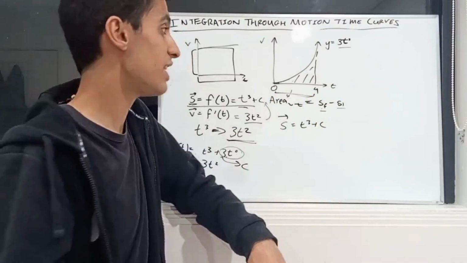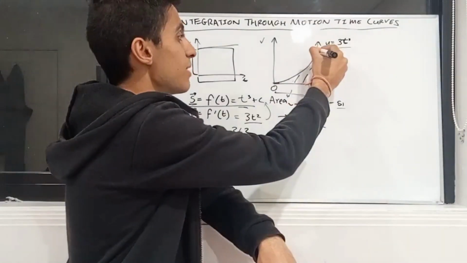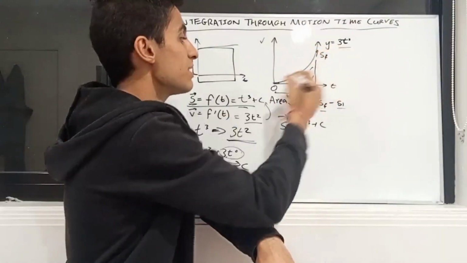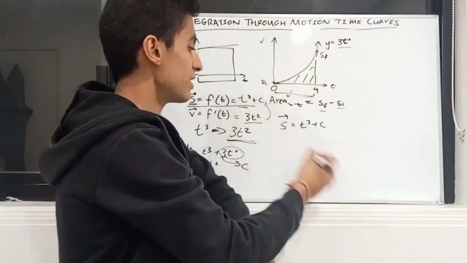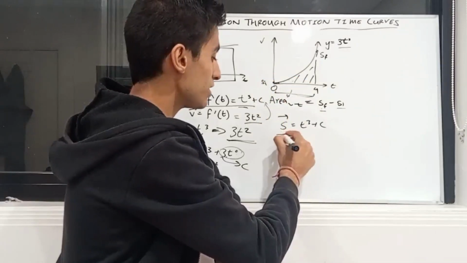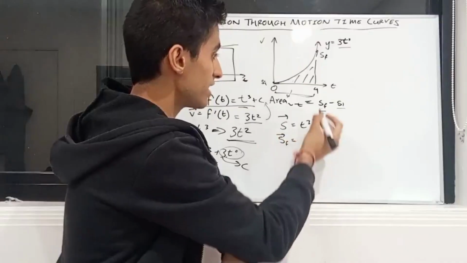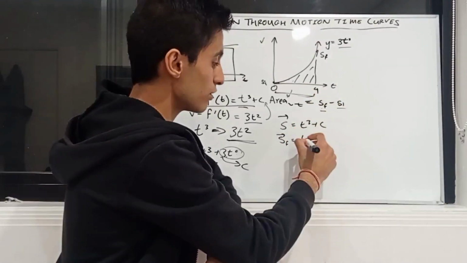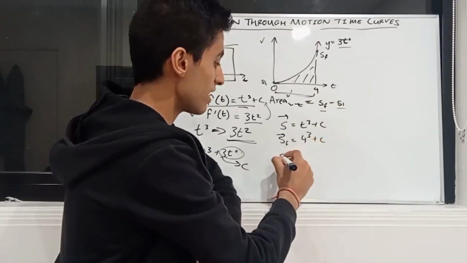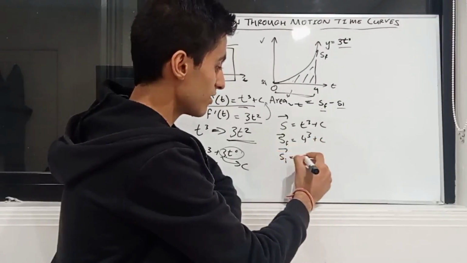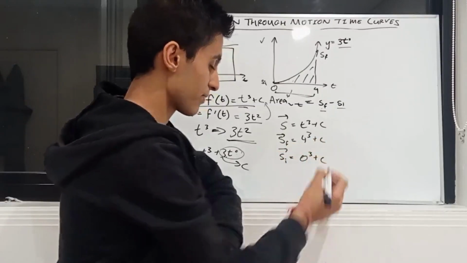And if you remember, change in displacement is given by final displacement minus initial displacement. So our final displacement is given by subbing in 4 for t, so 4 cubed plus c, and our initial displacement is given by subbing in 0.